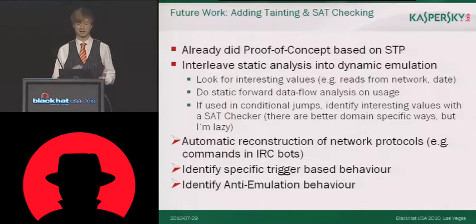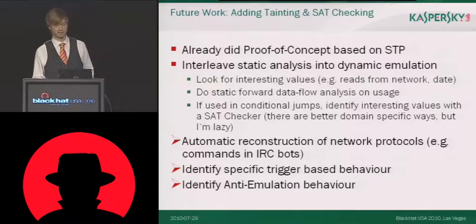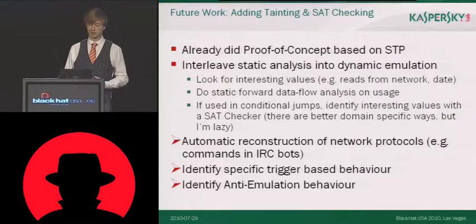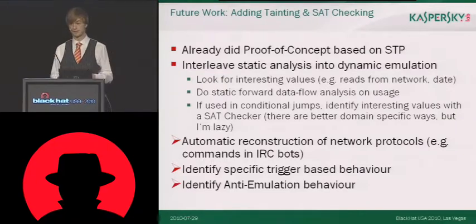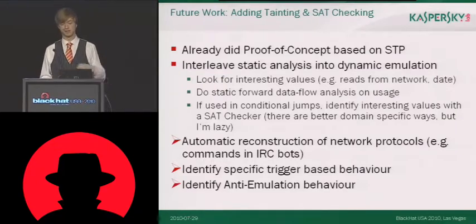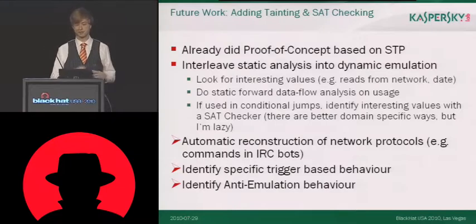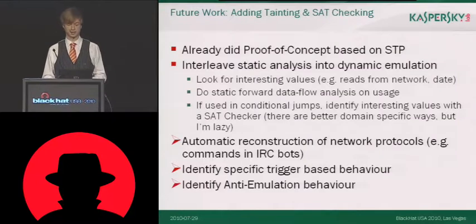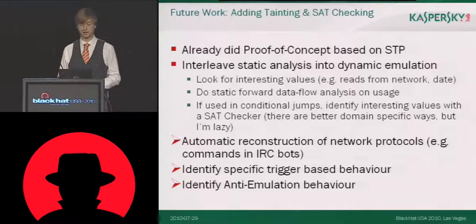And then if they're used in conditional jumps, identify interesting values, or if these jumps can never be taken, with a satisfiability checker. For some of these checks, there are better domain-specific ways, like, for example, integer constraints on dates or whatever, but I'm pretty lazy, and such checkers can handle these cases as well. Not as performant, but they do, so why care?